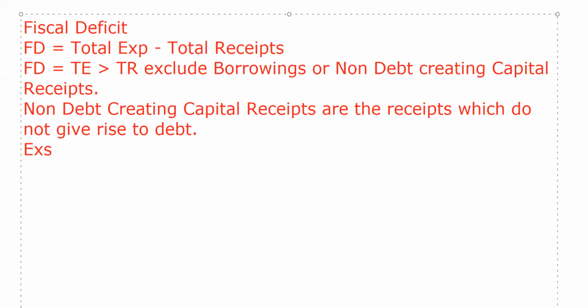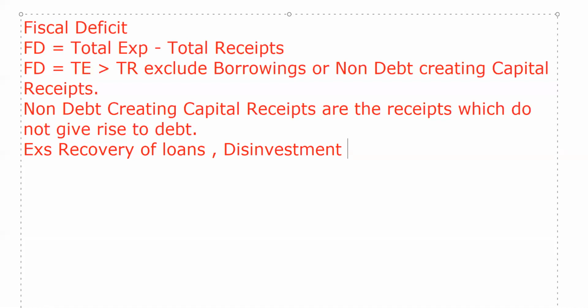Examples like recovery of loans and disinvestment. We have already discussed all these in detail, so I won't repeat it again and again here. These are the non-debt creating capital receipts. So whenever we have to calculate fiscal deficit, we always exclude the borrowings or non-debt creating capital receipts.